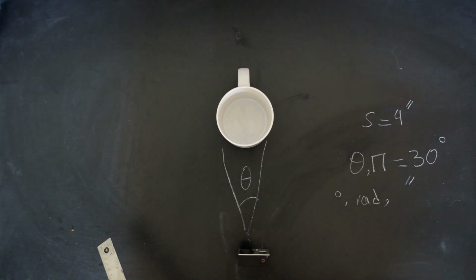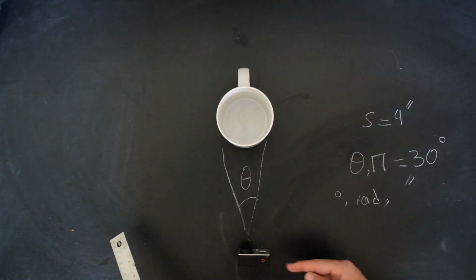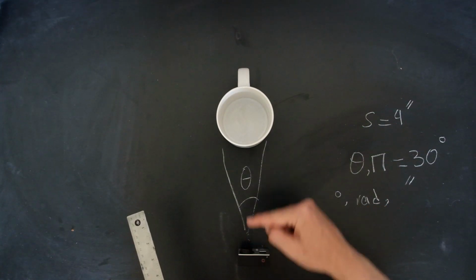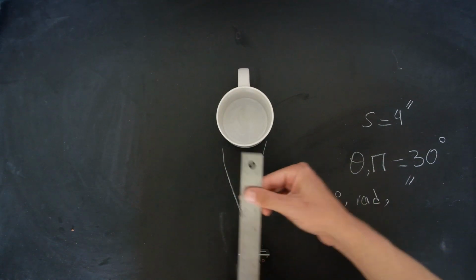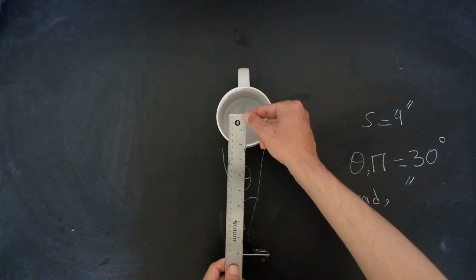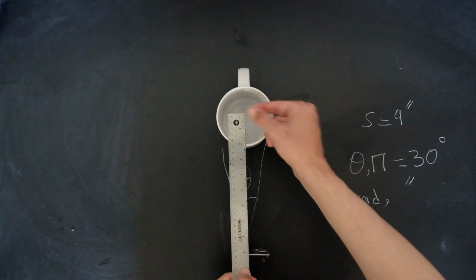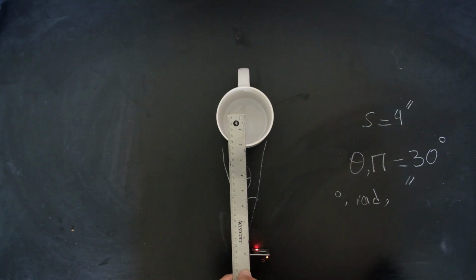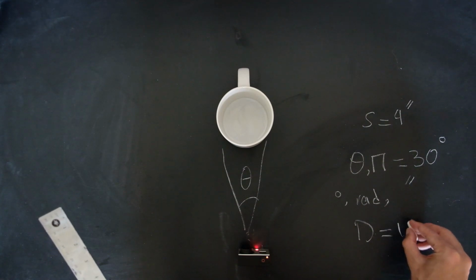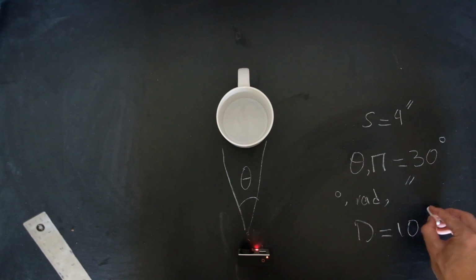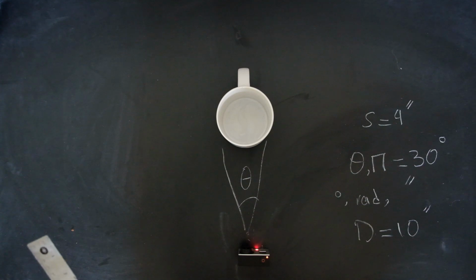And finally, we have the distance, which is basically from here to here. In this case, let's say I use the center, distance is around 10 inches. So D is around 10 inches.